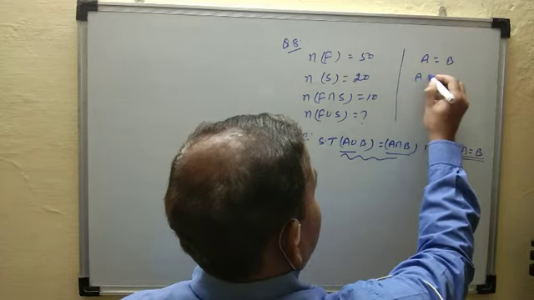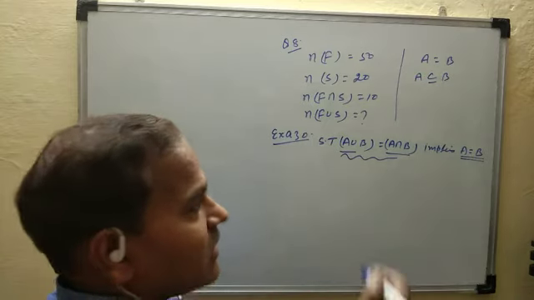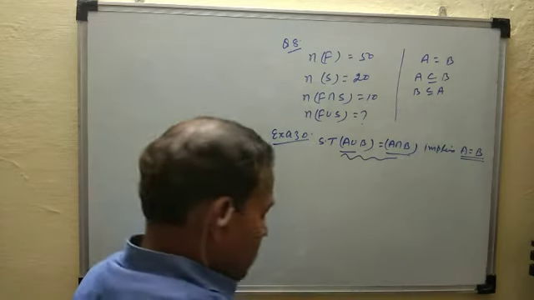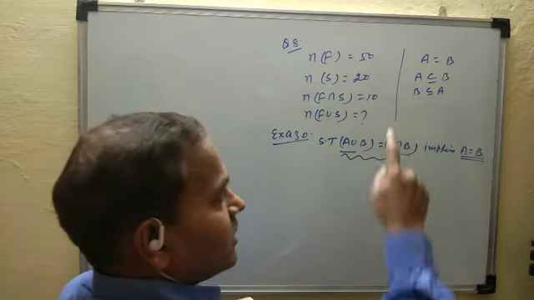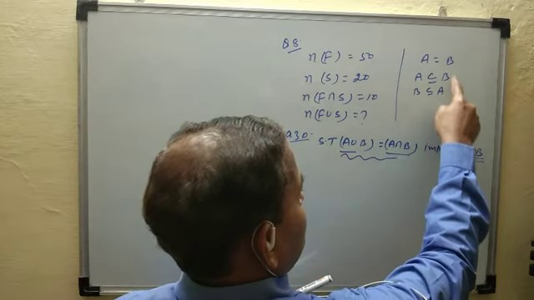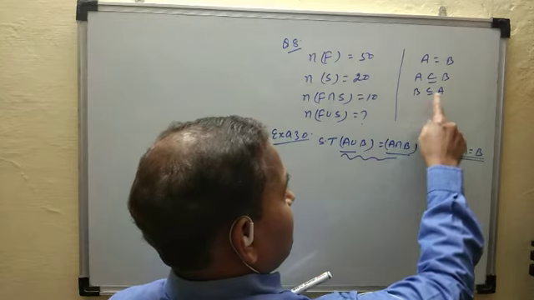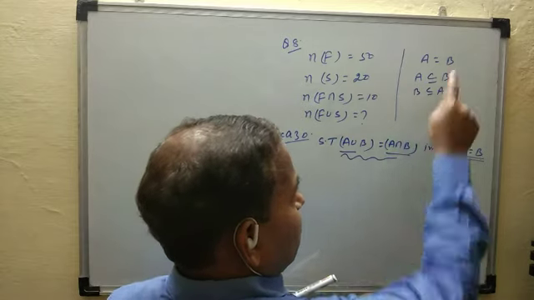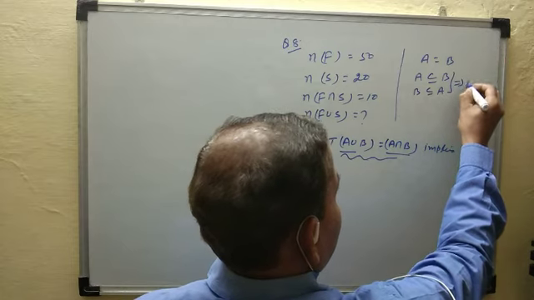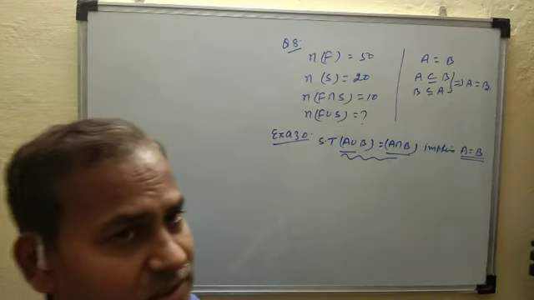First we show that set A is the subset of set B, and next set B is the subset of set A. If set A is a subset of B, that is every element of set A belongs in set B. Set B is the subset of set A, that is every element of set B belongs in set A. So in combined form, this implies A is equal to B, that is both are equal sets.